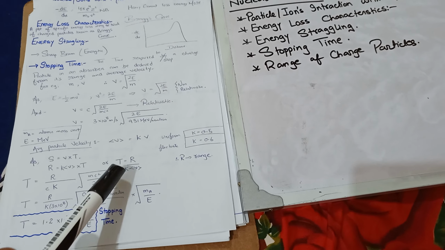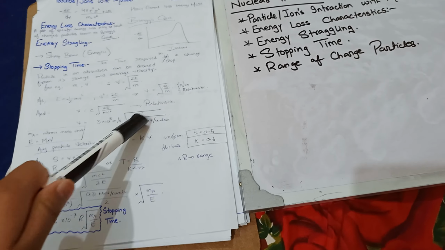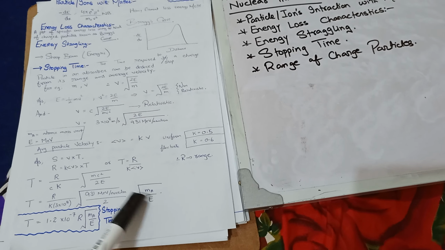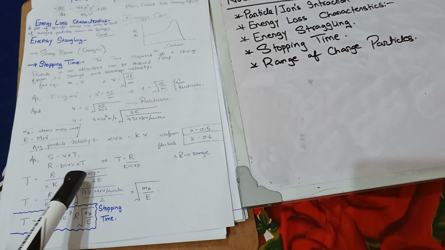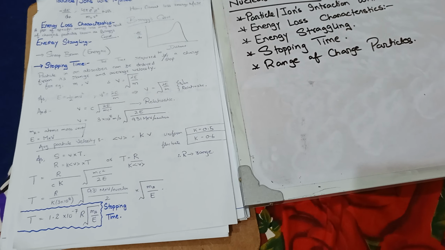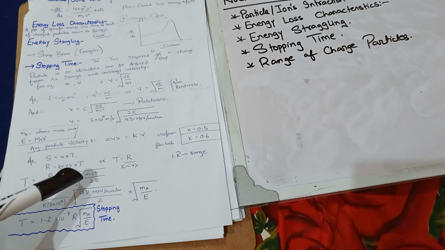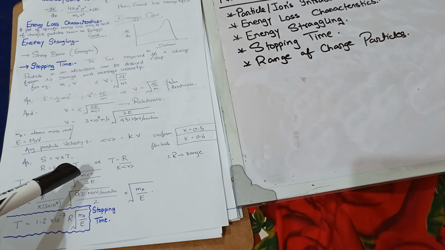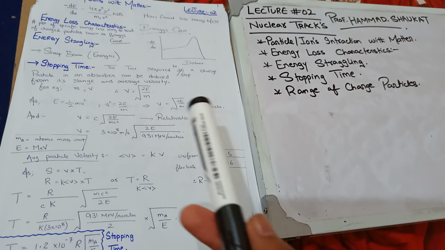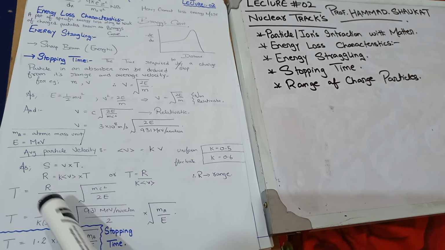Because this is in the denominator, this term will be reciprocal. We move the mass to one side and the energy to the other side, and multiply by mass m and c square, and 2 is as it is. So this is t and this is r, and k is as it is.